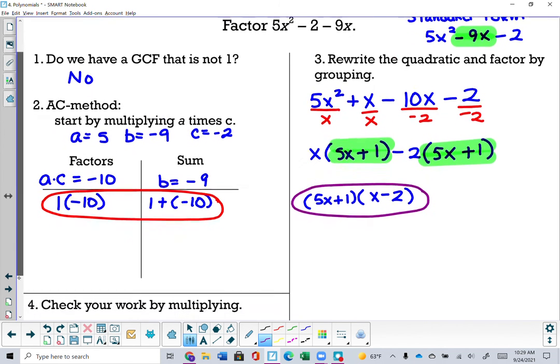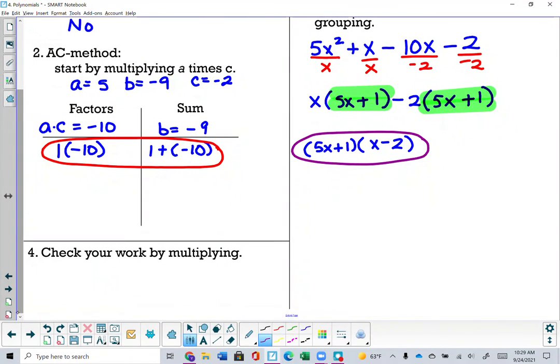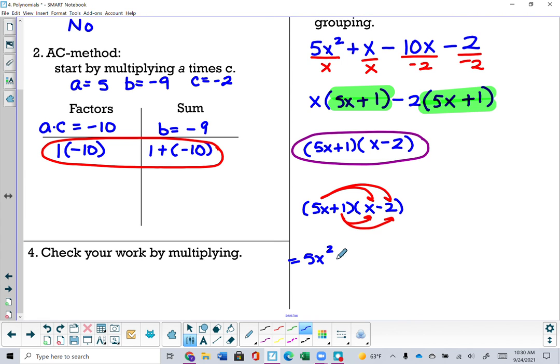All right. Now, did we do it right? Well, let's check our work by multiplying. 5x plus 1 multiplied by x minus 2. I'm going to use my arrows to show what I'm doing. 5x times x is 5x squared. 5x times minus 2 is minus 10x. 1 times x is plus 1x. 1 times minus 2 is minus 2.